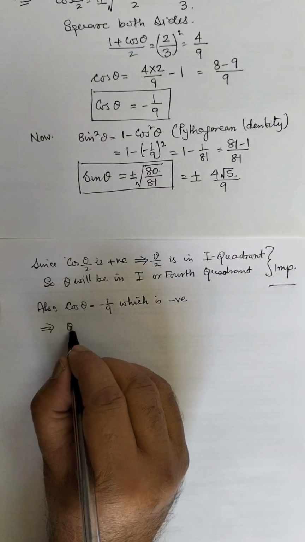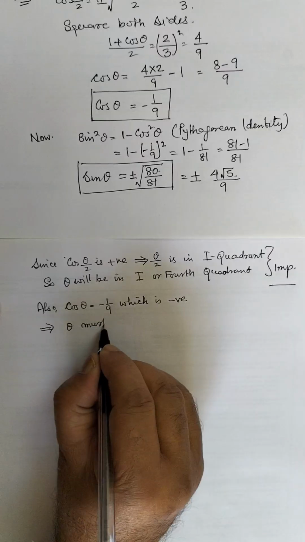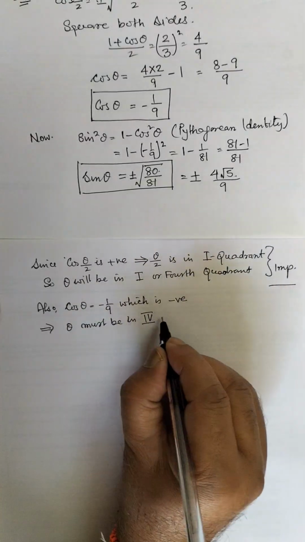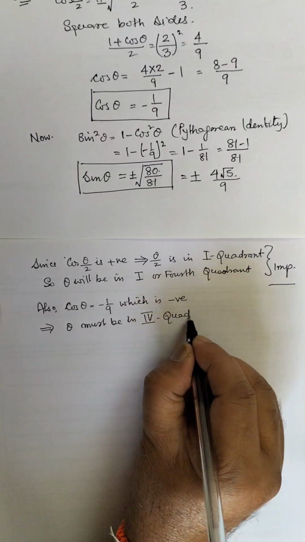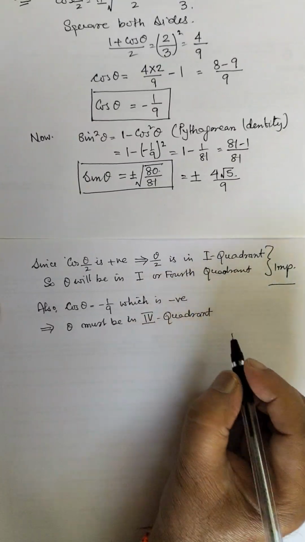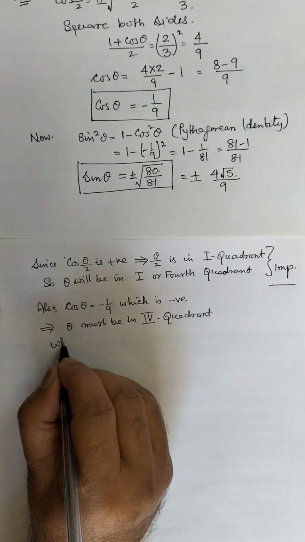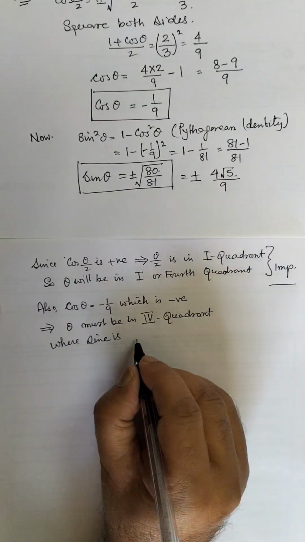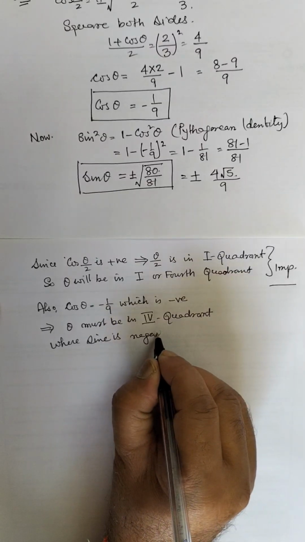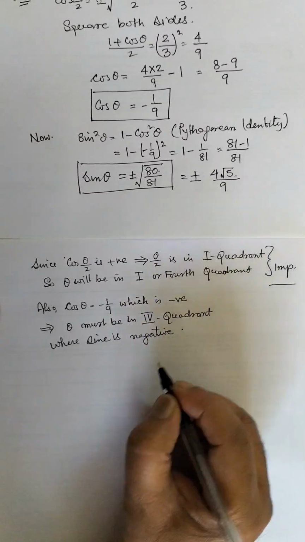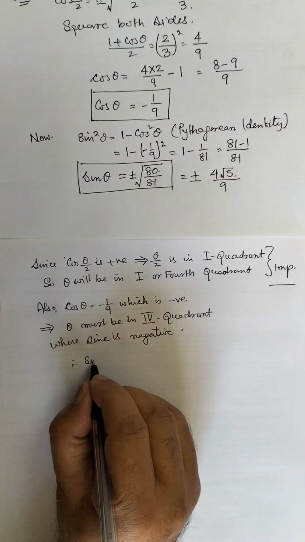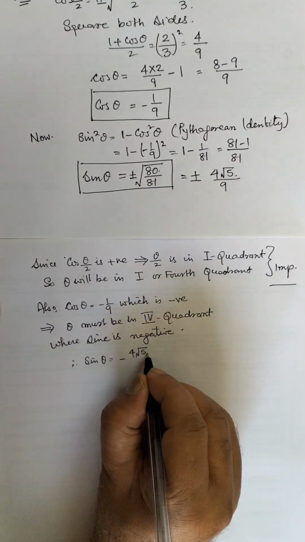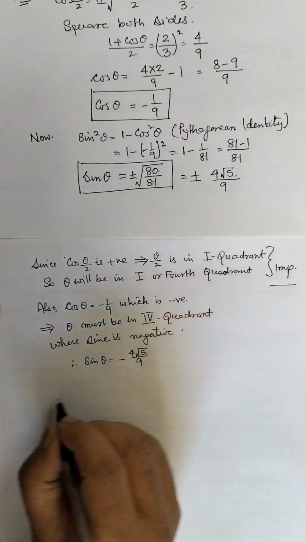It implies that theta must be in fourth quadrant, where sign is negative. So sin theta is minus 4 root 5 on 9.